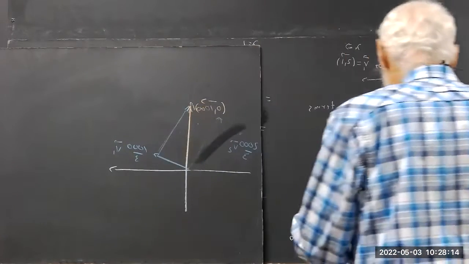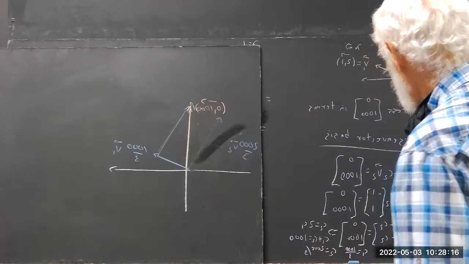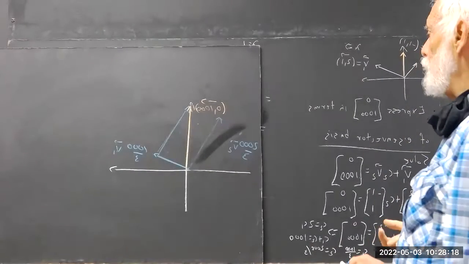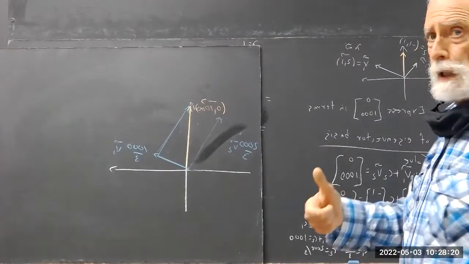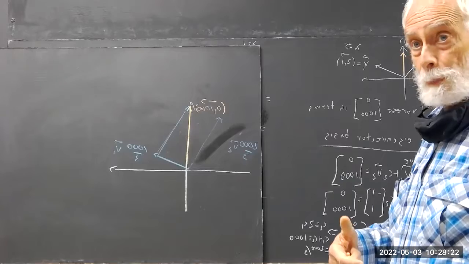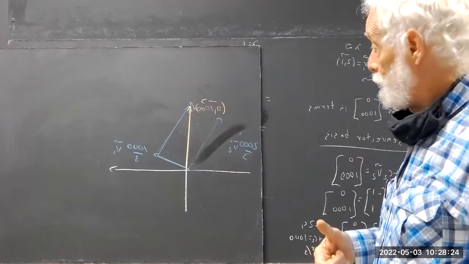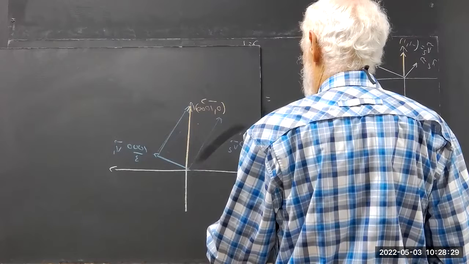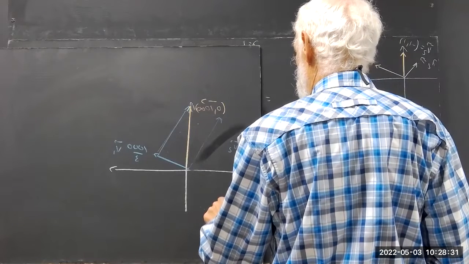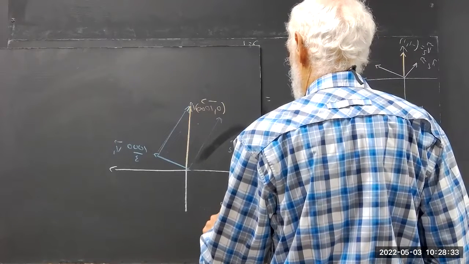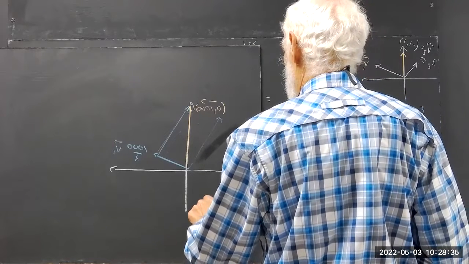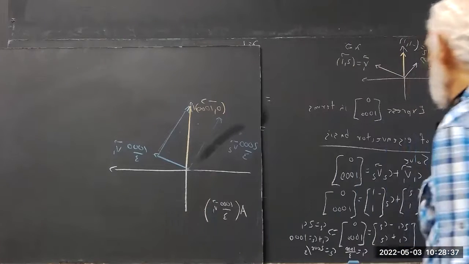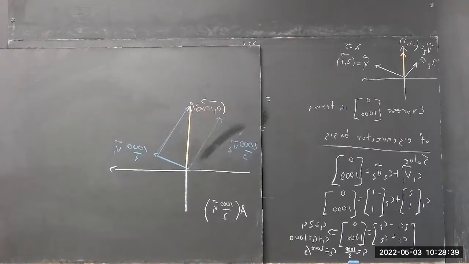In any case, what happens now when we apply the matrix? Okay. So let's take A times 1,000 over 3 V1. What does that equal?